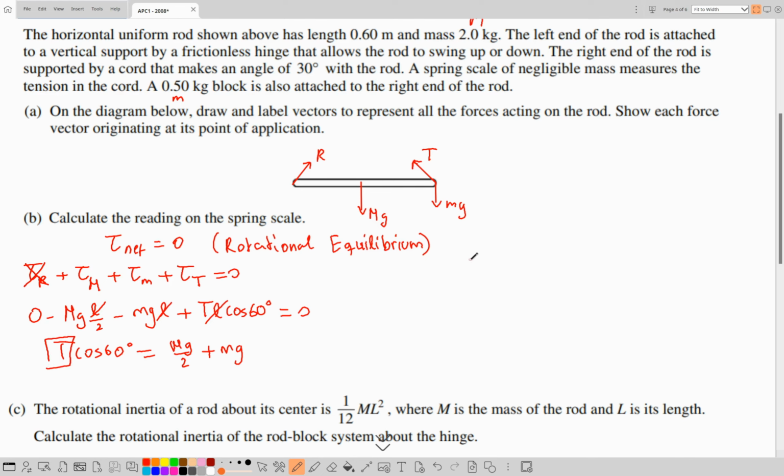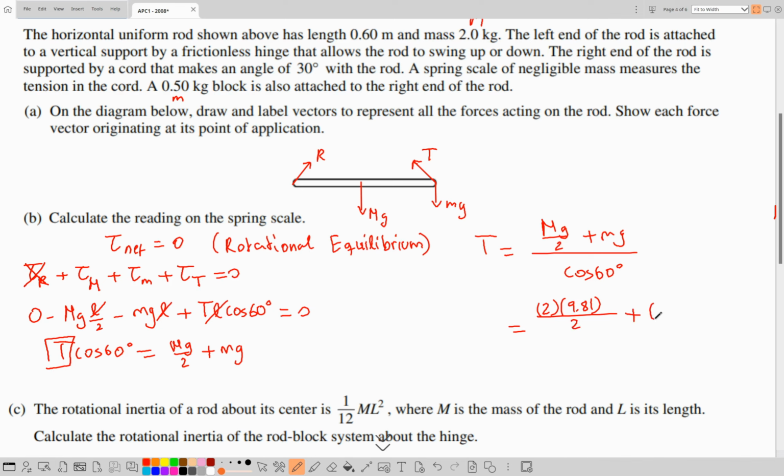and we're interested in determining the tension. So the tension in this case would be given by Mg over 2 plus mg, divided by cosine 60, which is basically equal to, now the capital mass is given by 2. Let me double check. Yes, that's the capital mass. Then 2 multiplied by 9.81. Remember, in a free response, it's better to use g as 9.81.